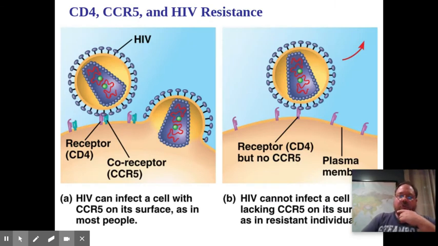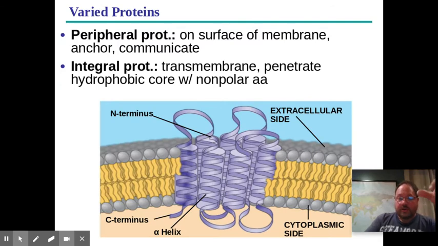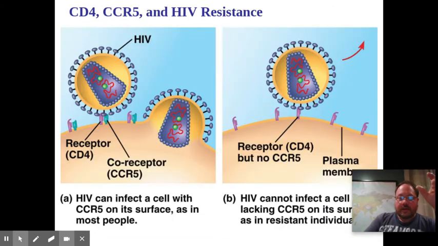Now here's a cool example of the importance of these proteins that can serve as receptors or docking stations on the surface of cells. Here, again, you can have membranes on the surface of the cell. The CD4 receptor is a really important protein for HIV infection.